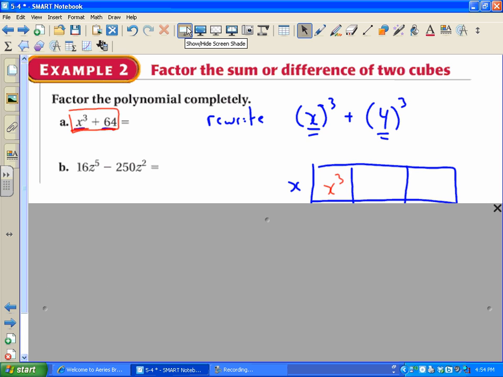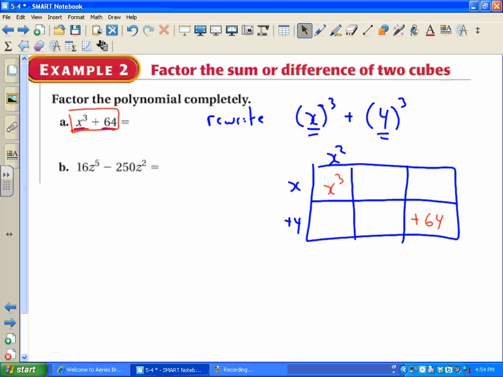If I look at just the top line there with the red x cubed and the x, and I think about it in terms of division, then I know that x goes into x cubed. That leaves me with an x squared, just like we had before. Now, if that's an x squared, and then I have a 4 down here, I have 4 times x squared, so that will give me a 4x squared in the box.